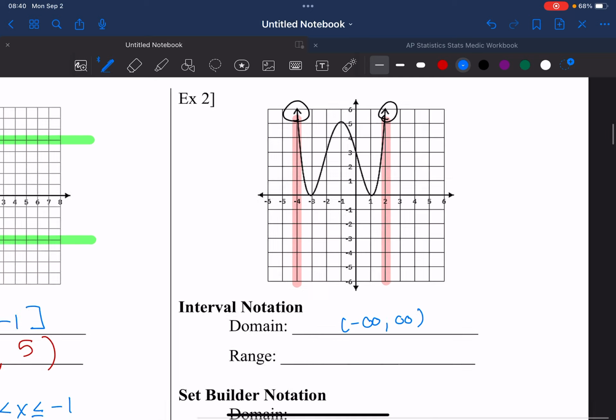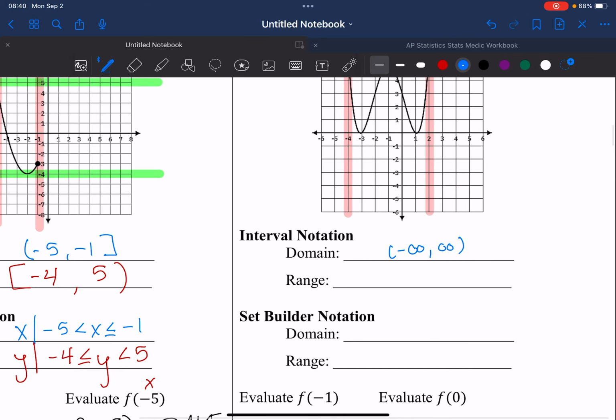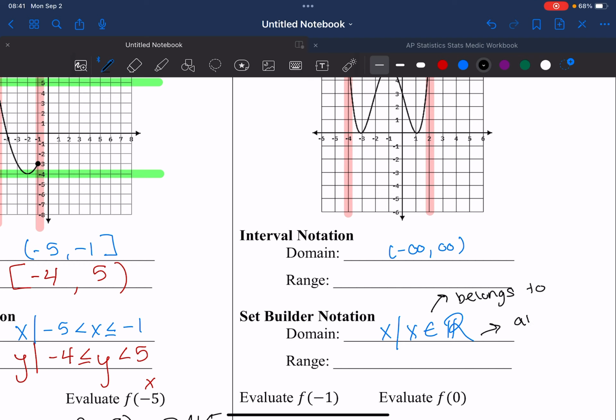Okay. When we write that in set builder notation, another way to say -infinity to +infinity is saying all real numbers. So we would write that as x such that x belongs to all real numbers. This symbol here means belongs to, and this here is all real numbers.